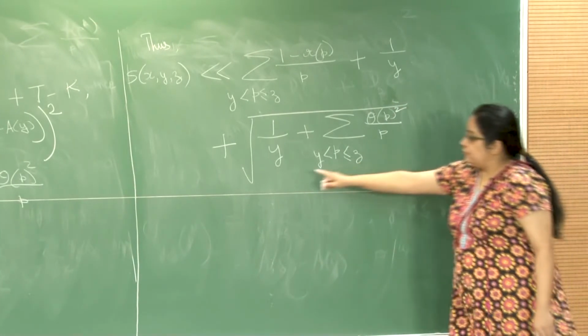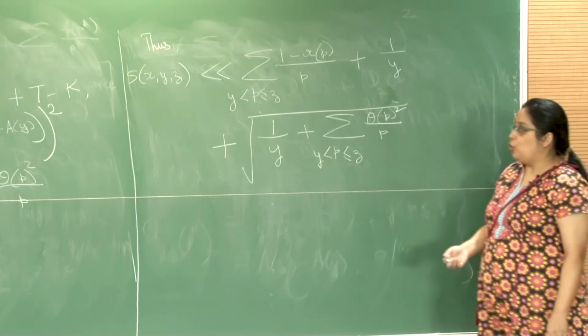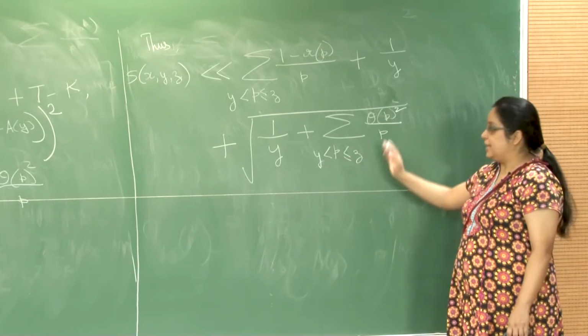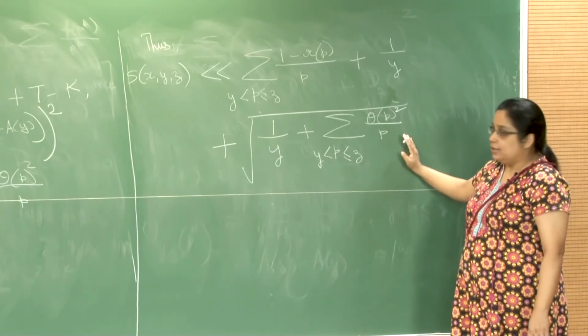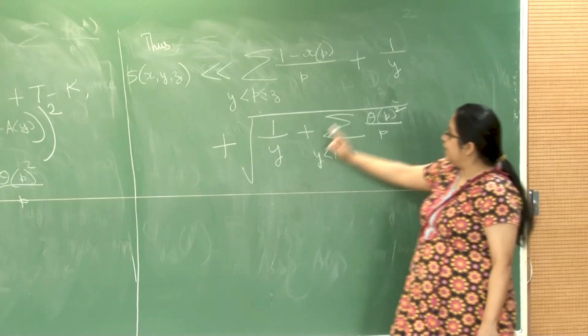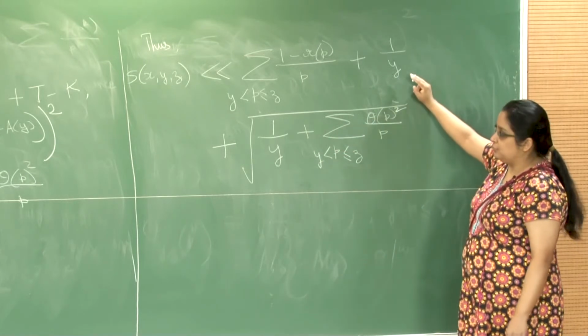Now, the square root of a plus b is certainly O of the square root of a plus the square root of b. So, you have 1 over square root of y, which is bigger than 1 over y.